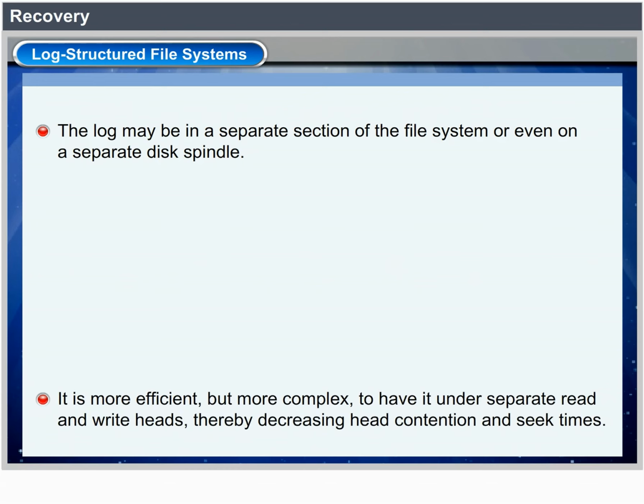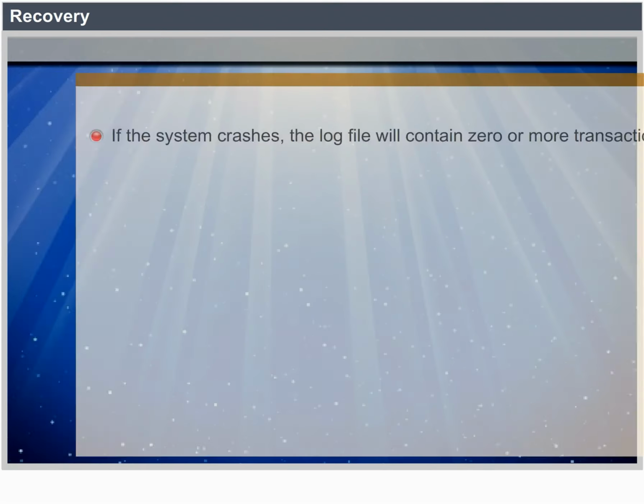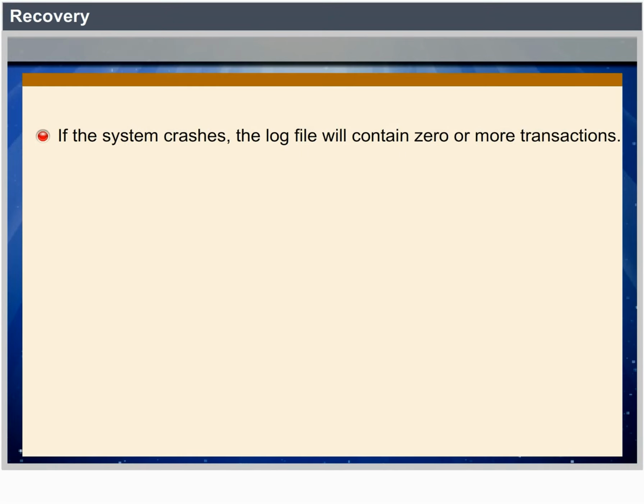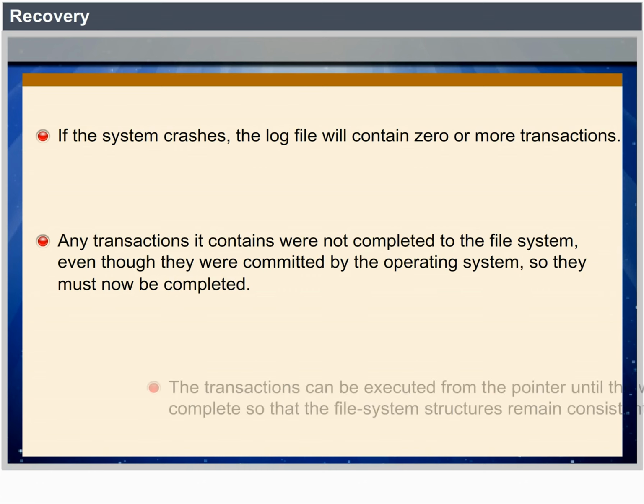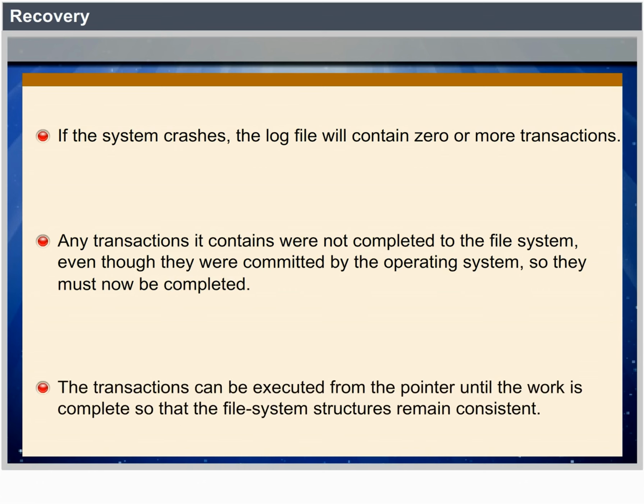If the system crashes, the log file will contain zero or more transactions. Any transaction it contains were not completed to the file system, even though they were committed to the operating system, so they must now be completed. The transactions can be executed from the pointer until the work is complete, so that the file system structures remain consistent.